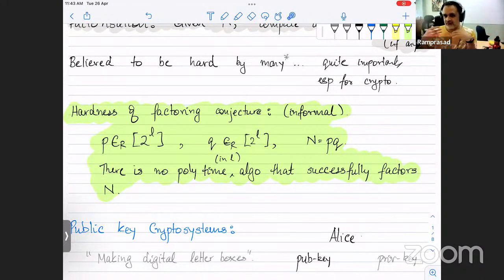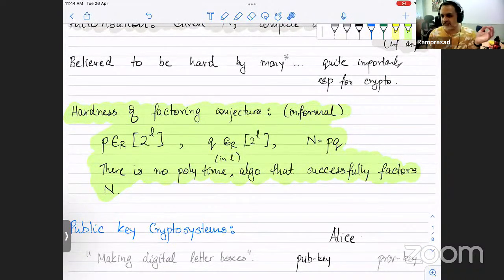This is something that you can announce to the world. You can put it in your visiting card, put it on your website, and that enables anybody to send a letter to you. They just put the letter into your post box. But the only people who can read the letter are people who have the key to the post box. So that's roughly what you want to build.